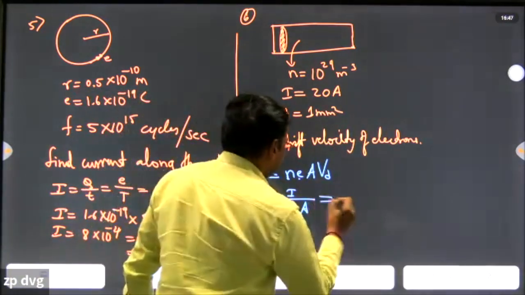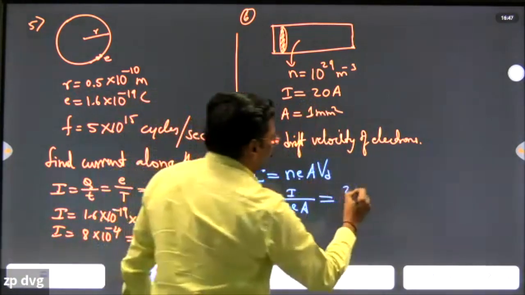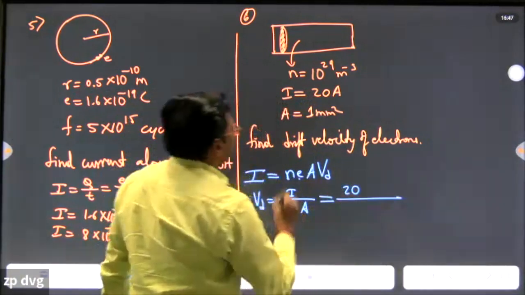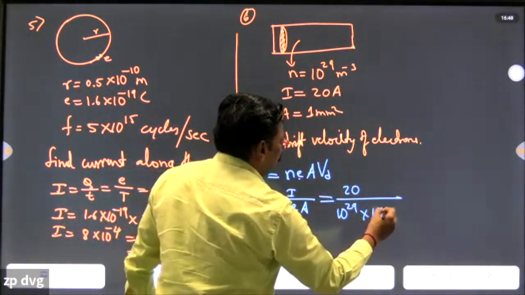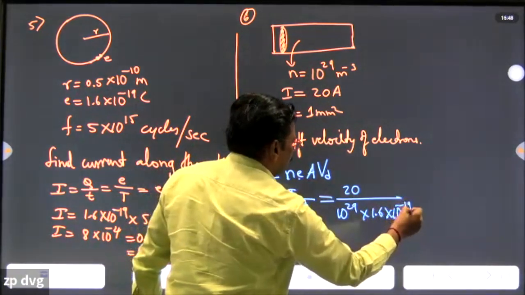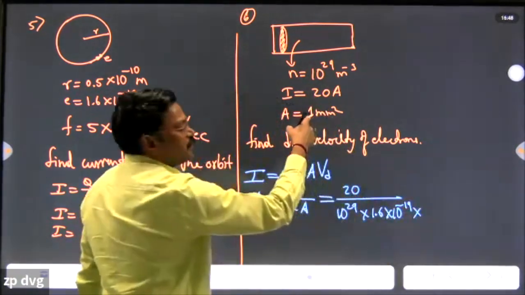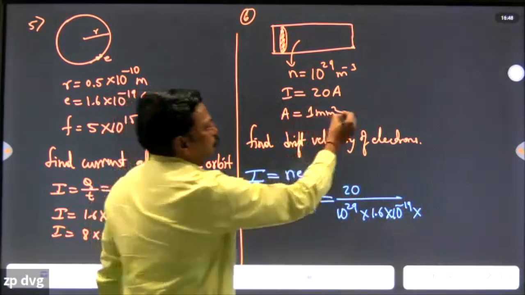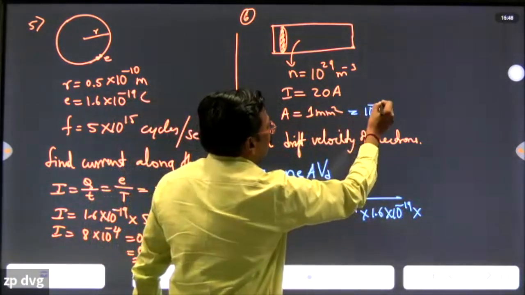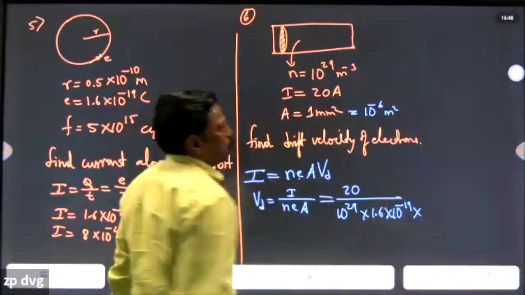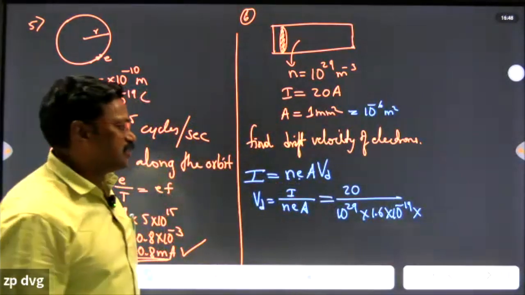Substitute the values. The value of I is given as 20. The number density of electrons is 10 power 29. The electronic charge is 1.6 into 10 power minus 19. The area is given as 1 millimeter square. If we convert 1 millimeter square to meter square, it is 10 power minus 6 meter square.